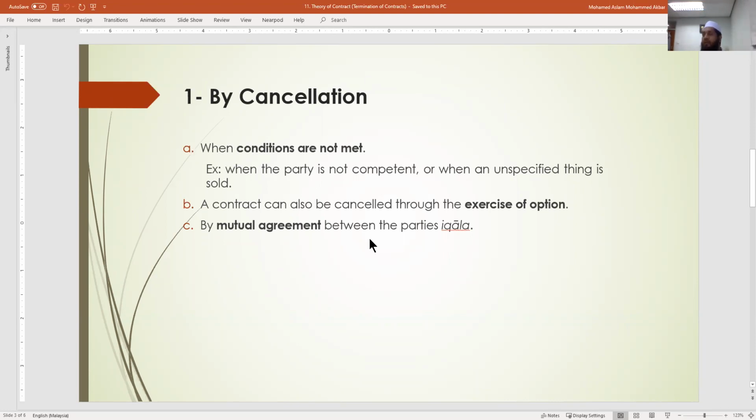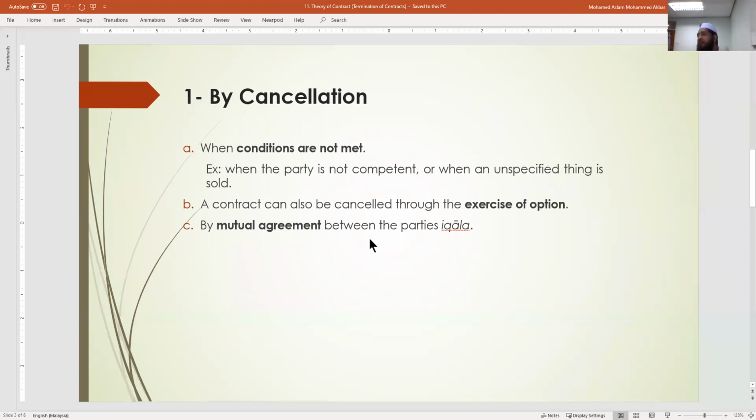Meaning they are about to conclude the contract, but then they both decide, okay, let us stop this contract, because the market price might go up after one week, and the buyer also thinks it is not necessary to buy right now. Maybe I can wait for some other time, or see some other dealings. When they mutually agree to cancel it, it can be cancelled.